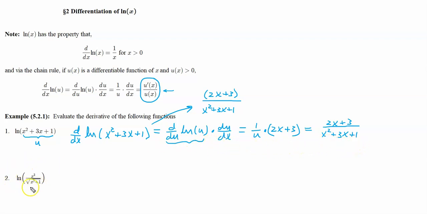Now for our second problem here, the u in here looks a little bit complicated. So taking the derivative of this function, which is what we would have to do up here, is a little bit complicated. So what we're going to do instead is simplify this using properties of the natural logarithm.